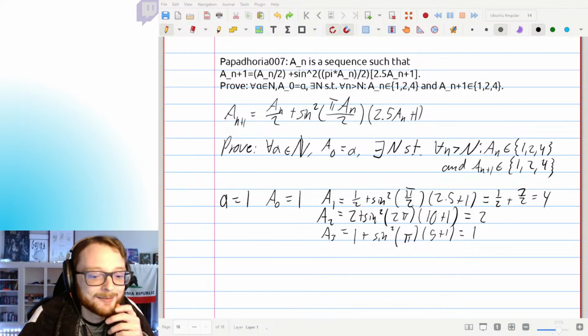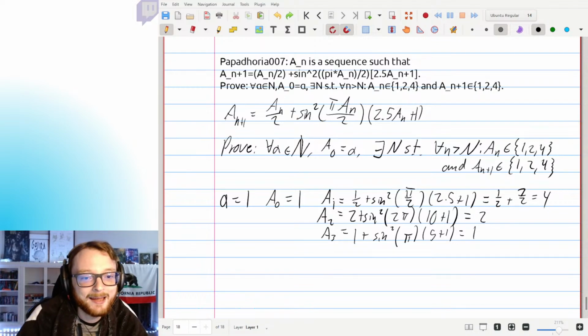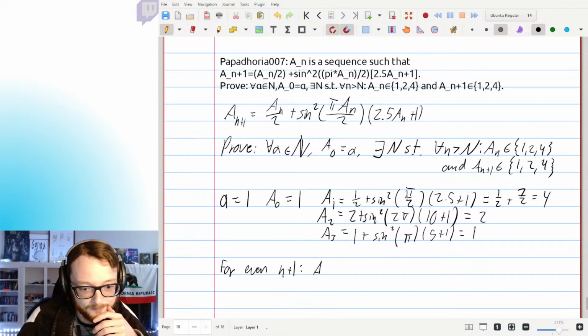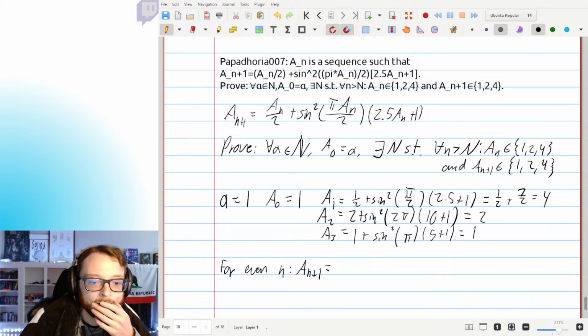For even n, okay, yeah. So I guess, let's actually look at that. I guess n+1, or no, for even n. What is a piecewise function?